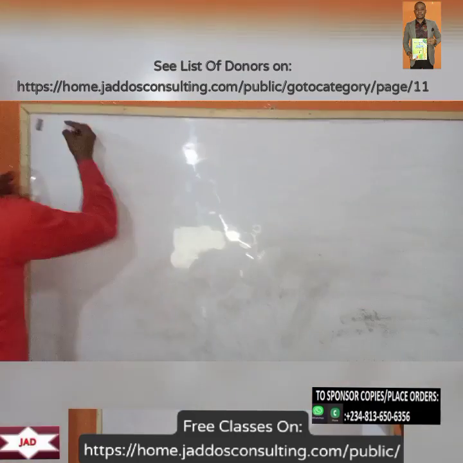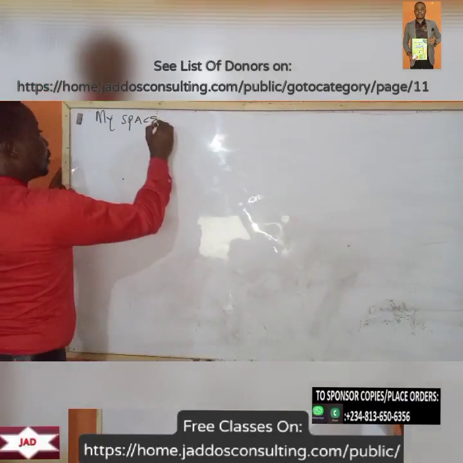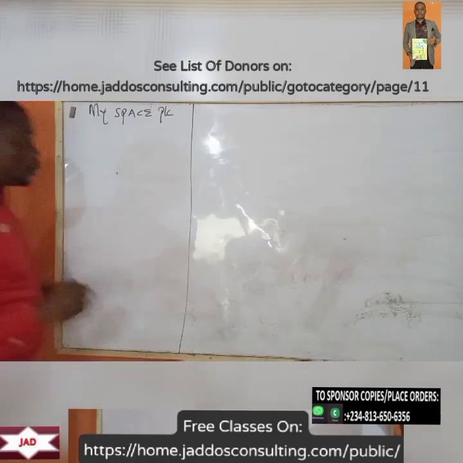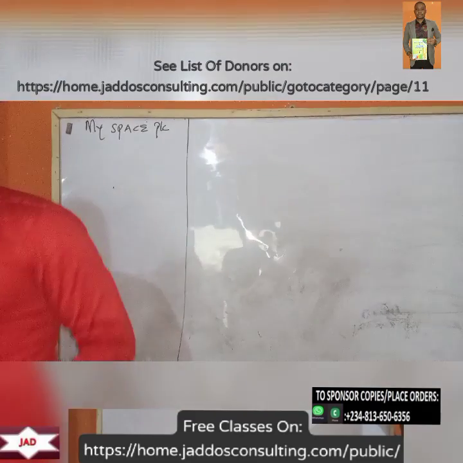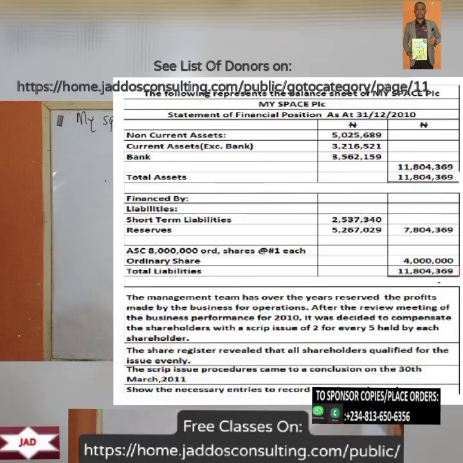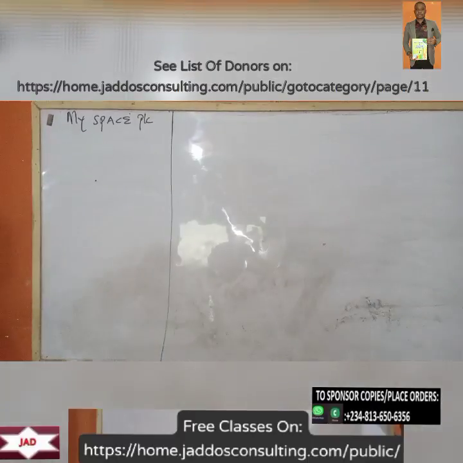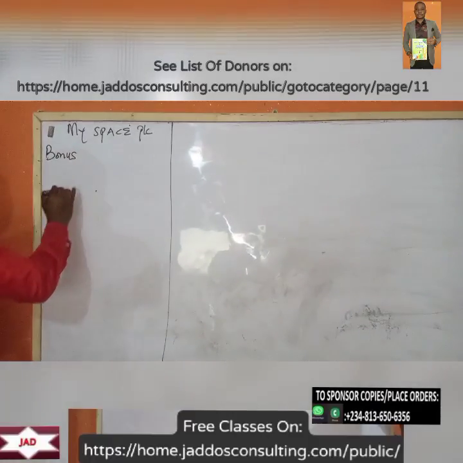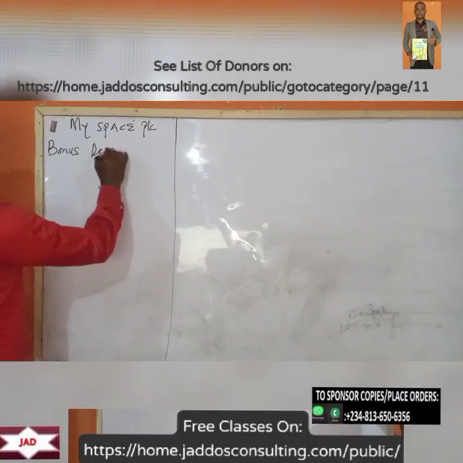So we have MySpace PLC, right? What are we doing there? They decided to compensate the shareholders with a scrip issue of 2 for every 5 shares held. So bonus description, right?